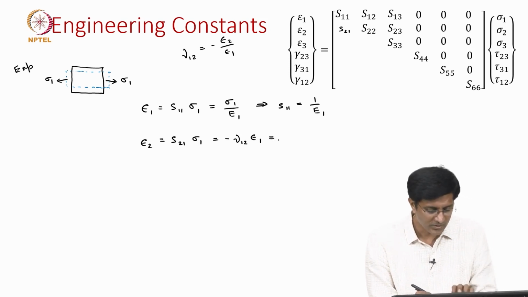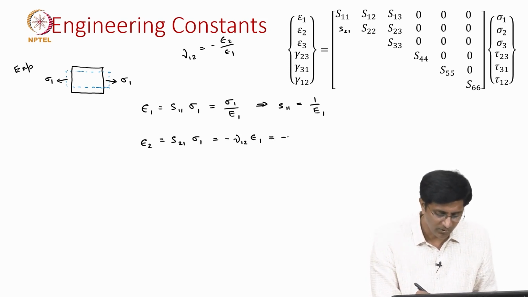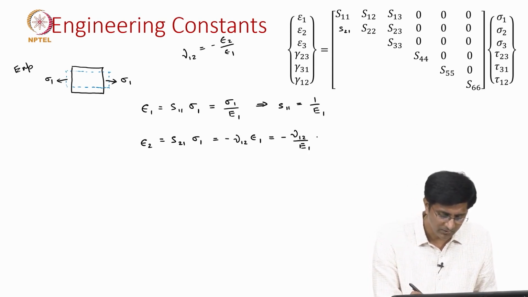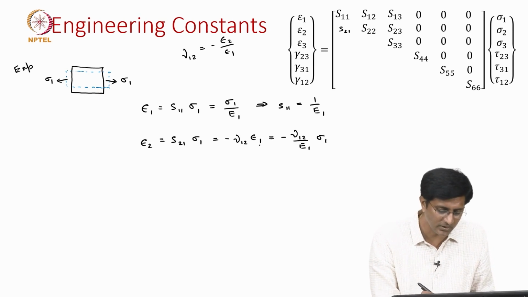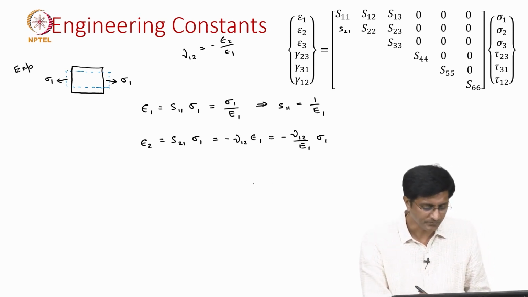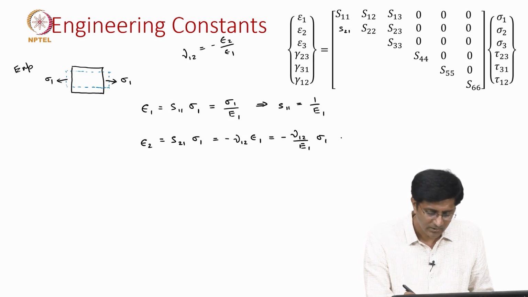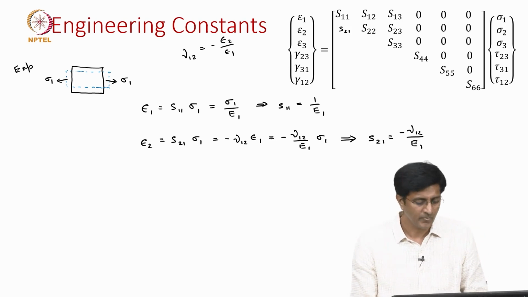We have just seen what epsilon 1 is, so let me plug it in. I can now write it as minus nu 1 2 divided by E1 times sigma 1, replacing epsilon 1 with sigma 1 by E1. So S21 is minus nu 1 2 divided by E1.